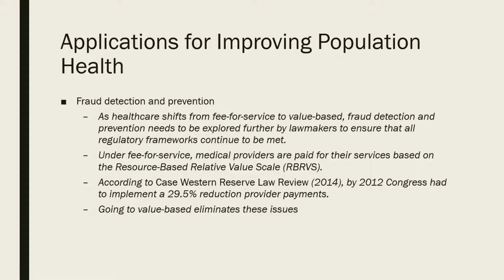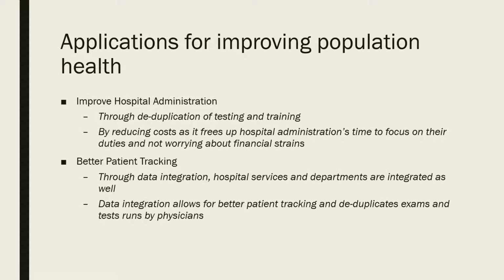So by going to a value-based system, it eliminates these issues. But again, we need to have clearer interpretation of the frameworks that are in place and make sure that we continue to meet them. The second one is to improve hospital administration.